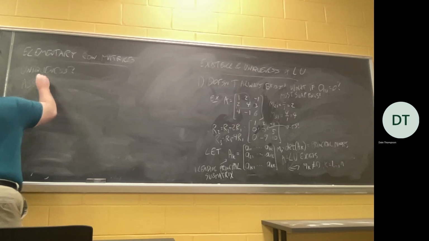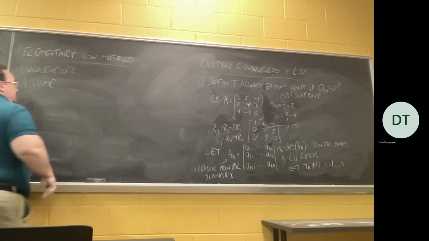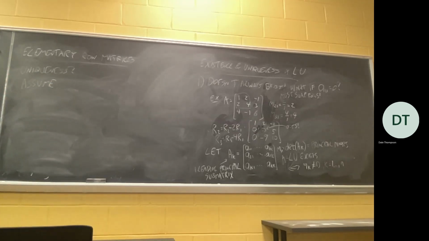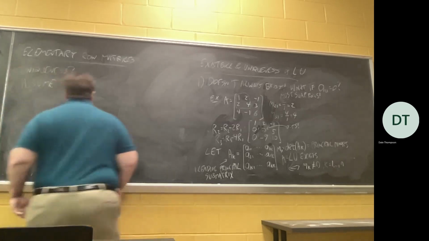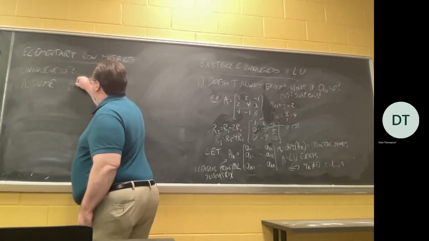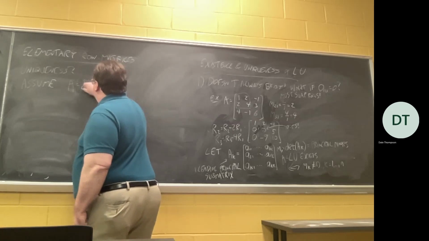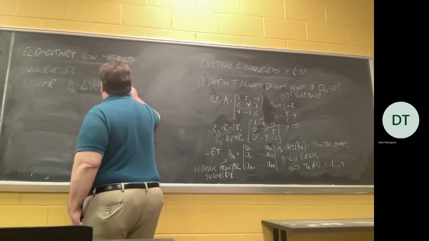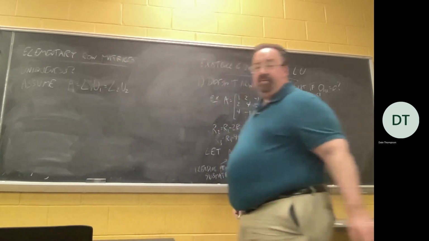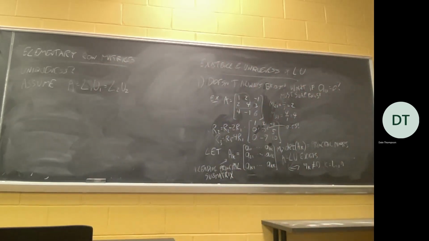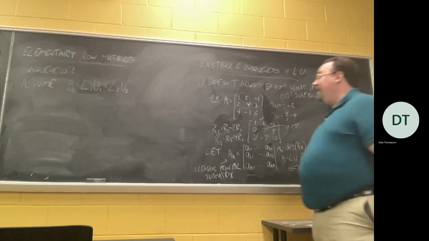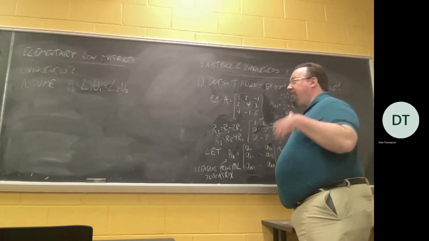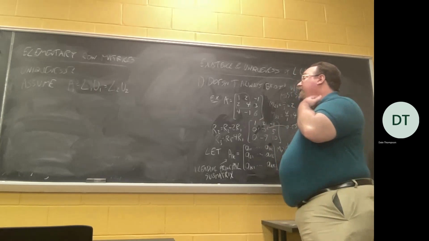The standard approach to any proof of uniqueness is you assume there are two and show that they must be equal. Let's assume, for contradiction, that we have two of them, L1, U1, and L2, U2. Now, A is invertible, therefore both L's and both U's must be invertible. That's because the determinant of a product is the product of determinants.